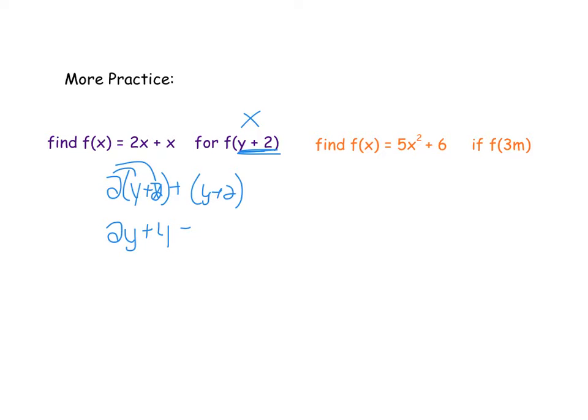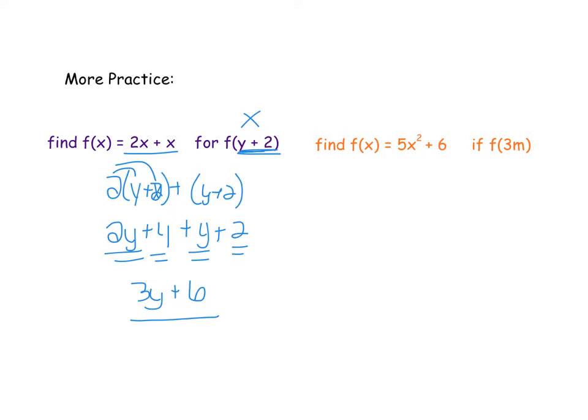So 2y plus 4 plus y plus 2. Now I have to find my like terms. So 2y plus y is 3y, and 4 plus 2 is 6. So when I input y plus 2 into this function, I get 3y plus 6.